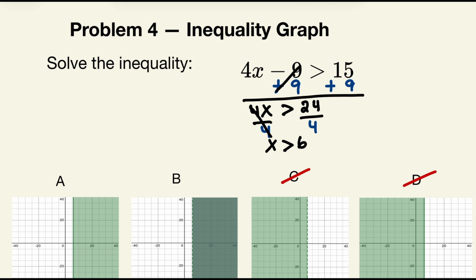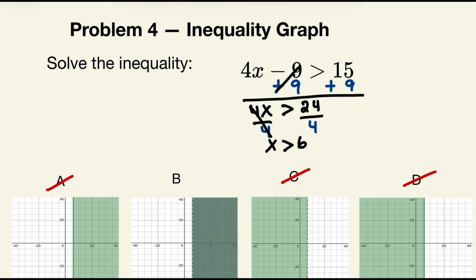And because the inequality does not include 6 itself, we use a dashed boundary line. So that tells me that I can also eliminate answer choice A because it's using a solid boundary line.